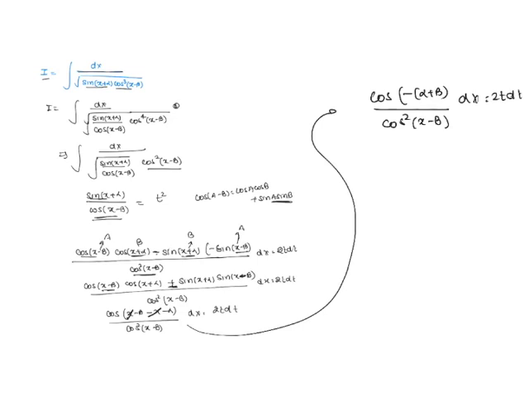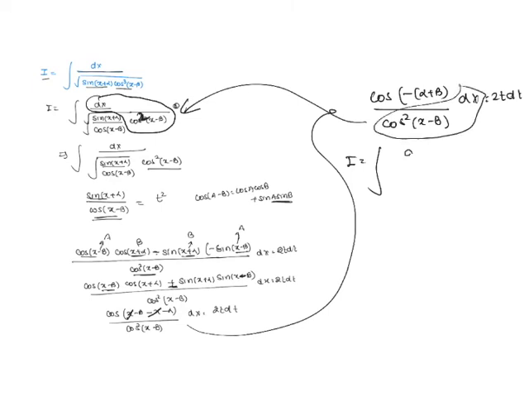Now if I use this in the integration, I equals dx divided by cos square, which is nothing but 2t dt divided by cos of alpha plus beta, because we know cos of minus alpha equals cos of alpha. Correct?